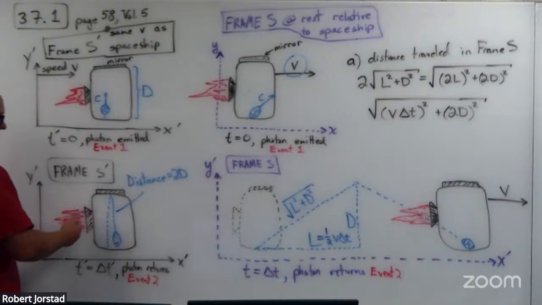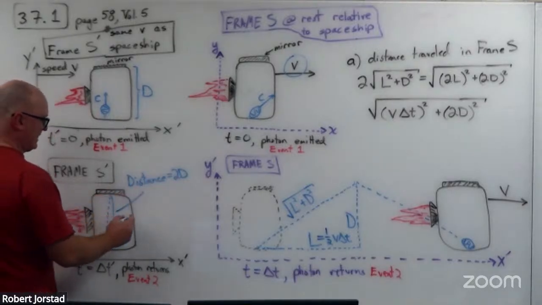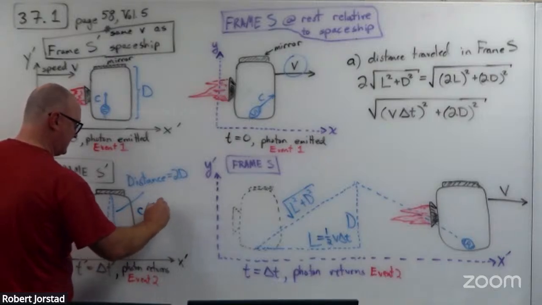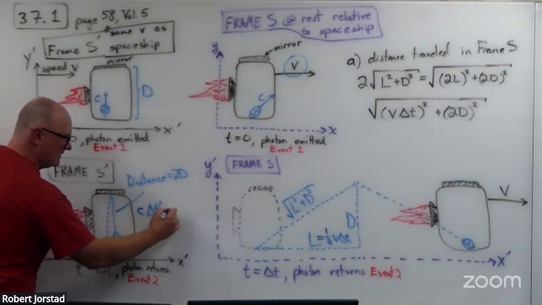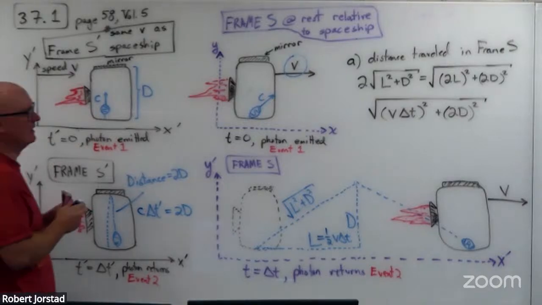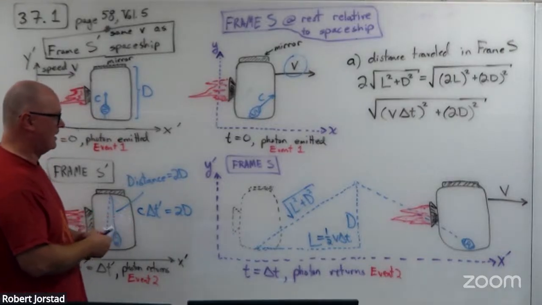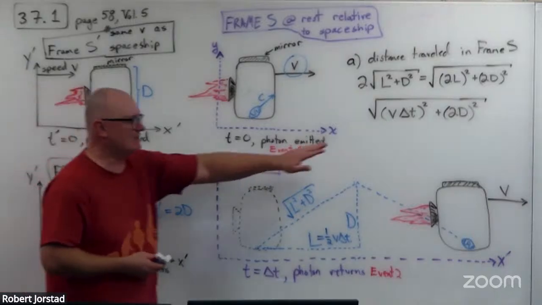So notice over here, how far does this thing travel? 2d. Well, isn't that c times delta t prime, how many meters per second times the time interval, should equal 2d. Okay, that seems reasonable. So now our question is, I want to relate that to this term.